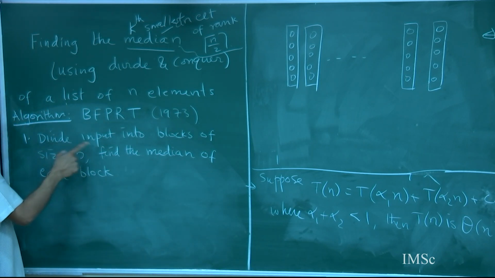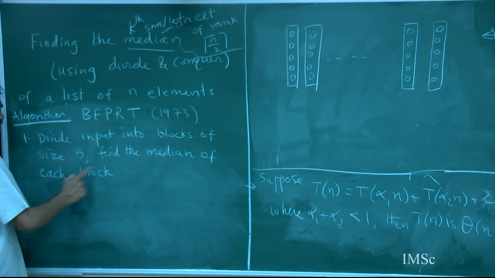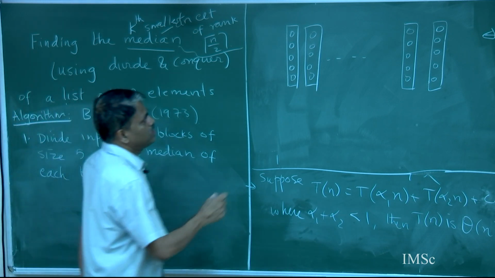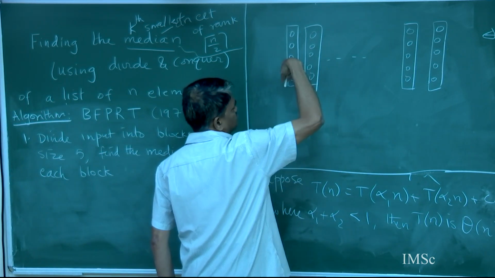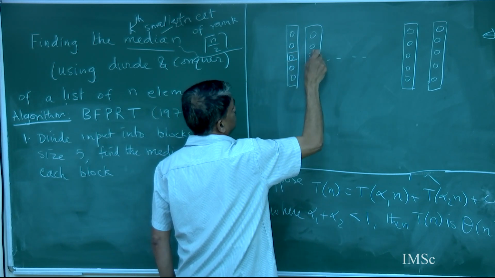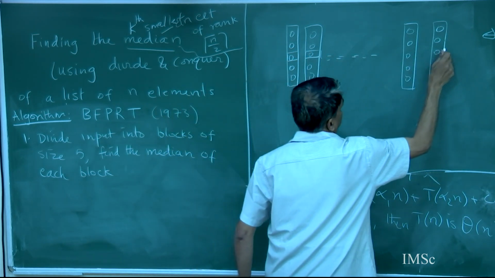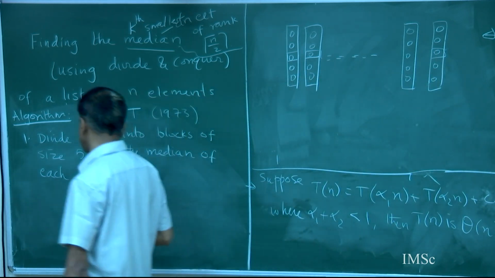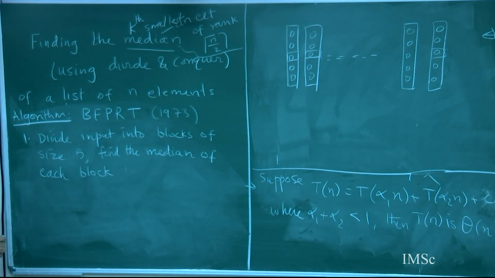So, divide the input into blocks of size 5 and find the median of each block, right? We somehow sort, do whatever, it doesn't matter. We want to find the median of each of these blocks. Step 2, find the median of the medians.